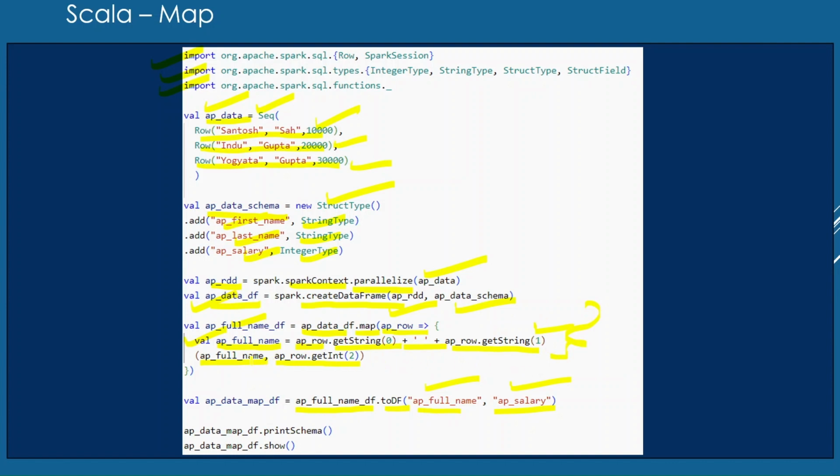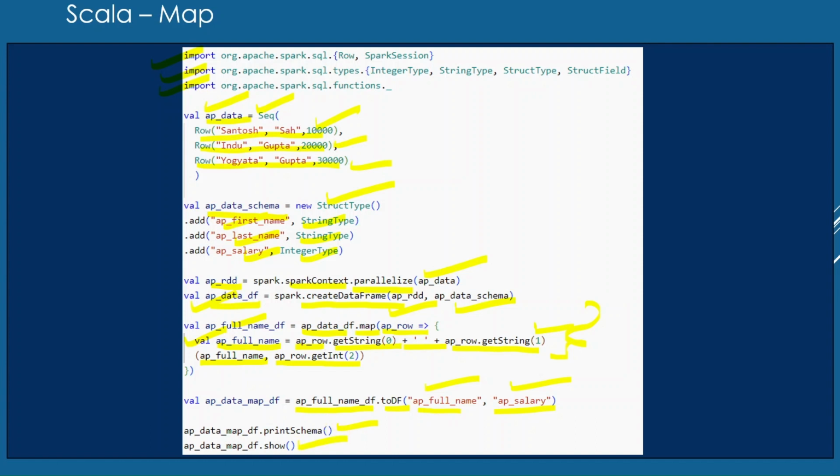I am returning only two columns, AP full name and AP salary. With the help of printSchema, I have printed the schema of this data frame, and then I am showing the content with the help of the show method.